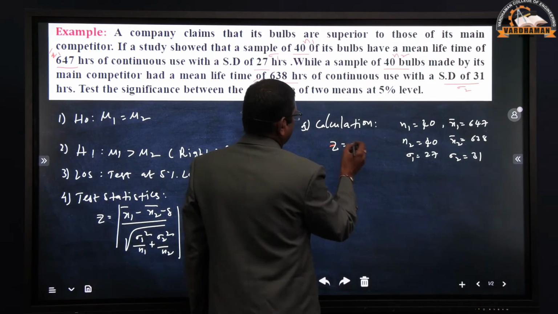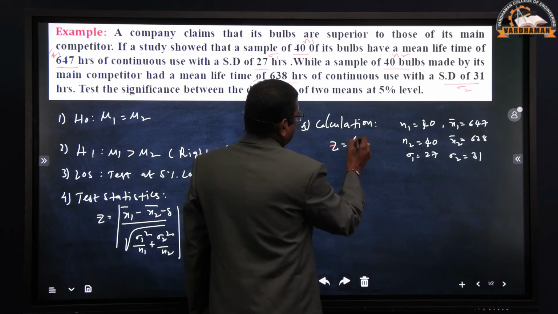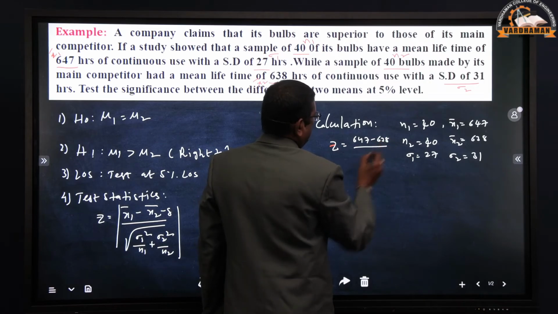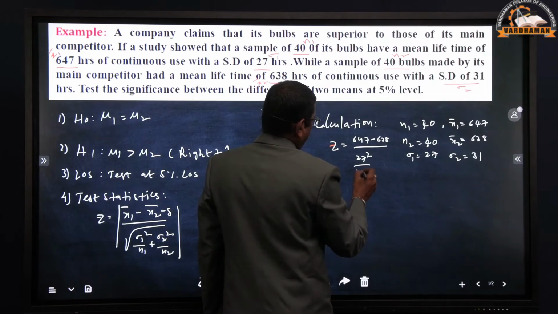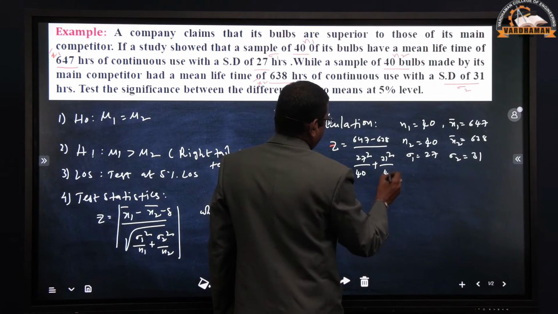Therefore, Z is equal to, as we mentioned above, 647 minus 638 divided by 27 whole square divided by 40 plus 31 square divided by 40.